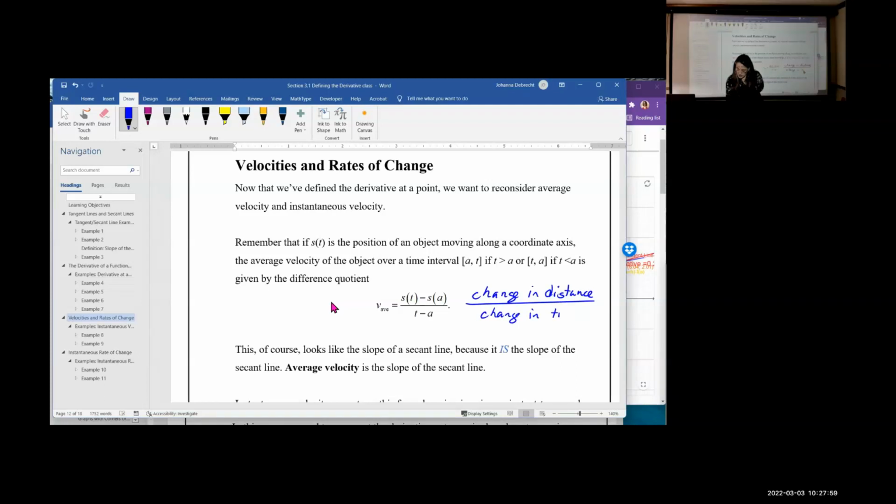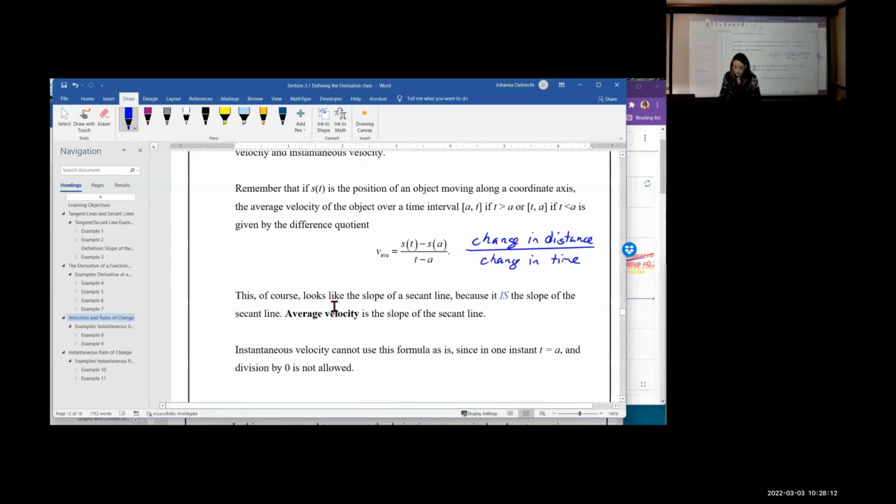We typically in physics will use S to represent distance because D is reserved for the derivative, which we haven't gotten to all that notation yet, but we will be. So average velocity is basically the slope of the secant line, which is the same thing we've been working with all day, but we've been taking the limit of the secant line, and the limit of the secant line is the tangent line.